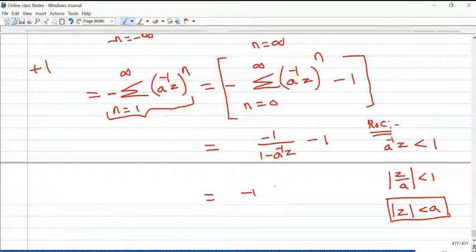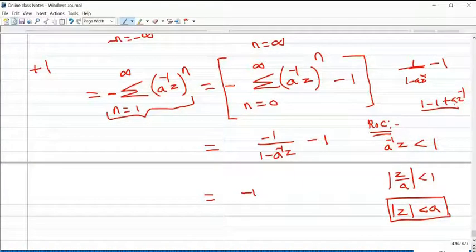B inverse is that okay? Okay. So if I do 1 minus A inverse Z minus 1. So 1 minus 1 plus A Z inverse, right? Okay.